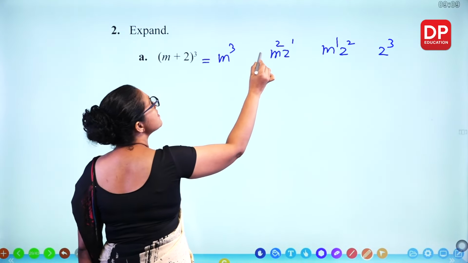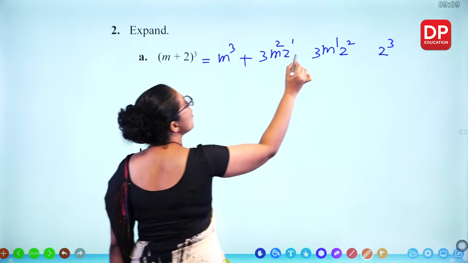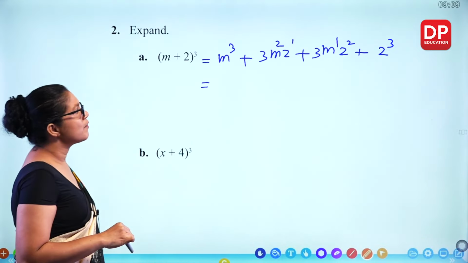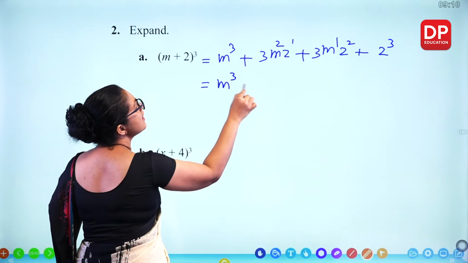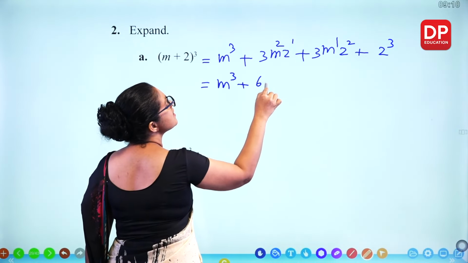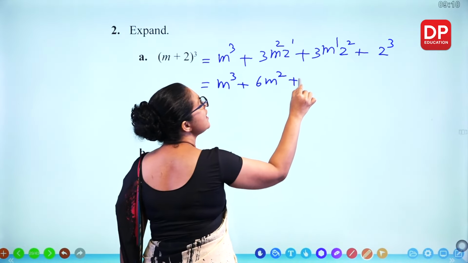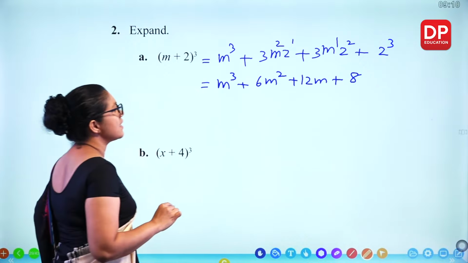And then the third step, you put 3 to these two numbers, and this is all plus. When you expand, what do you get? m cubed, 3 times 2, 6. This one 2 times 2, 4, 4 times 3, 12. And 2 to the power 3, you get 8.